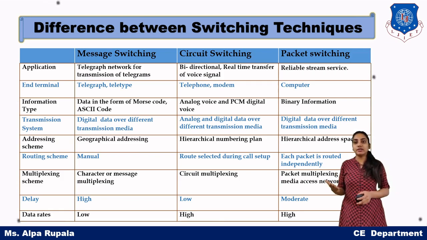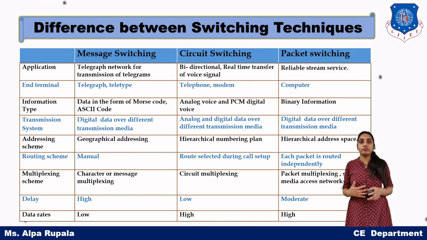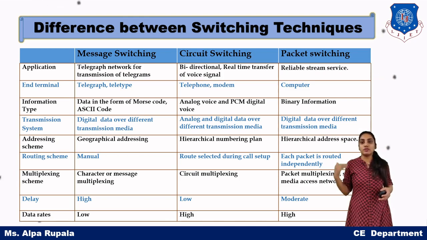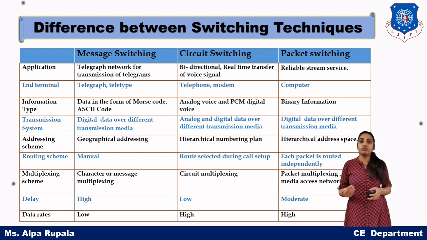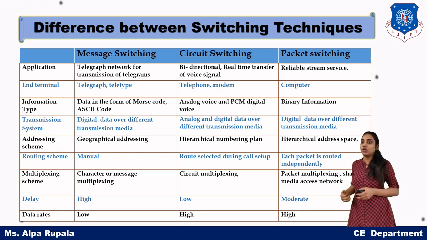In the hierarchical numbering plan in circuit switching, we identify the whole network by geographical area. That means country code, then state code, then city code, then area code, and then the user code. From this hierarchy, your telephone number is an example of circuit switching, and IPv4 or IPv6 addressing is an example of packet switching.